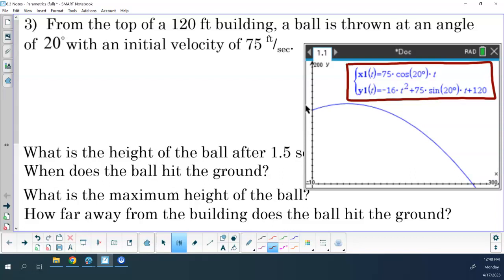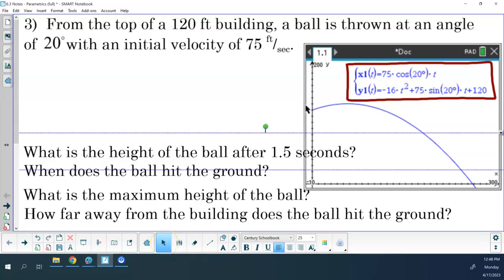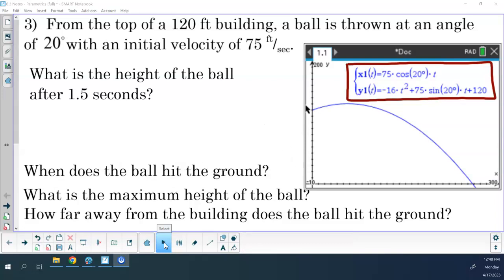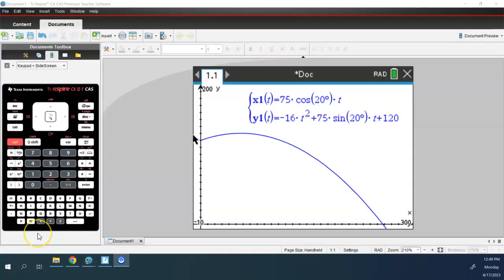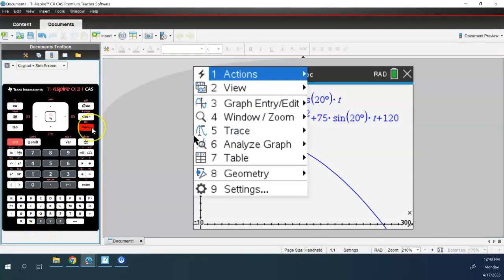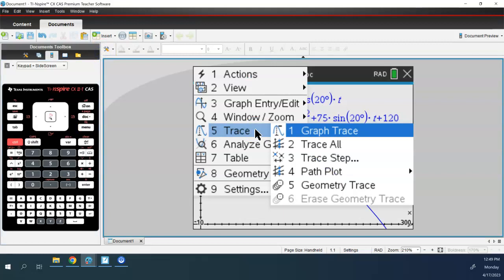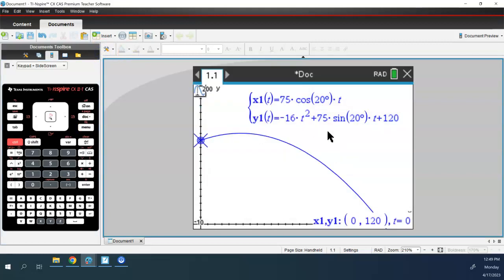The first question is, what is the height of the ball after 1.5 seconds? I can do that question in one of 2 ways. I could go back to my graph and trace it until I get a t-value of 1.5 seconds.